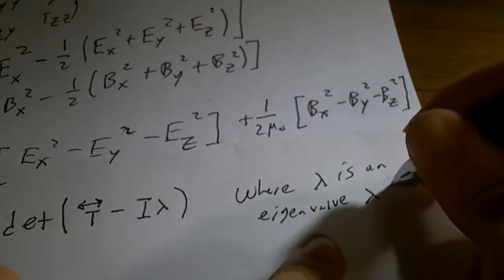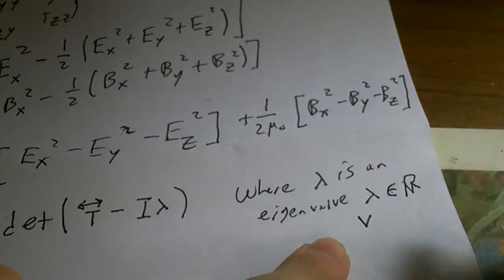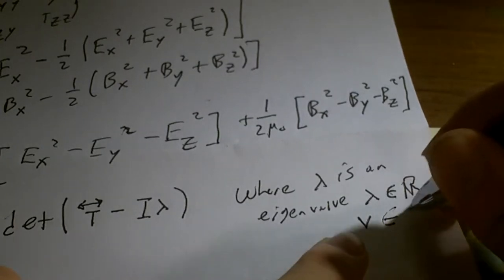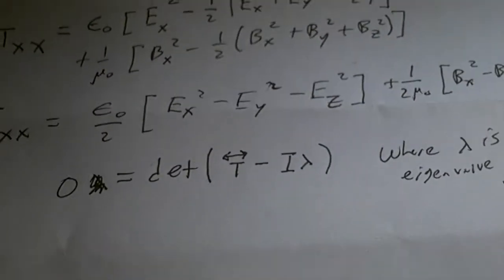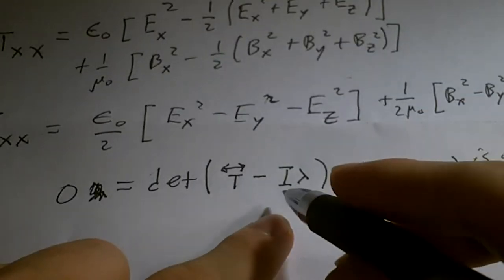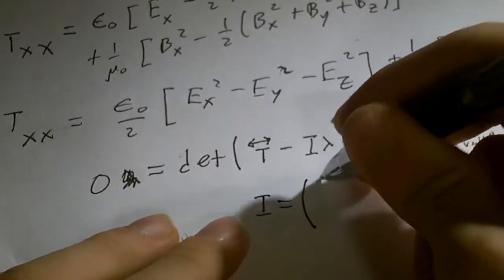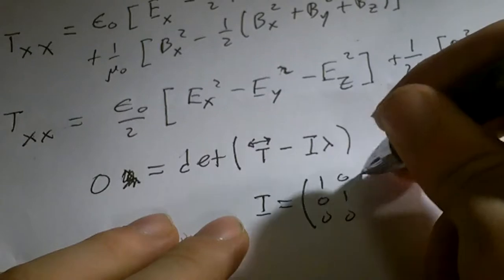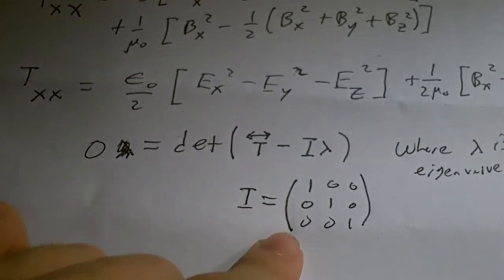Lambda could be either real or complex, and I is the identity matrix. In this case, we're dealing with a 3 by 3, so it's 1, 0, 0; 0, 1, 0; 0, 0, 1. That's I. So it's a little bit of an application.